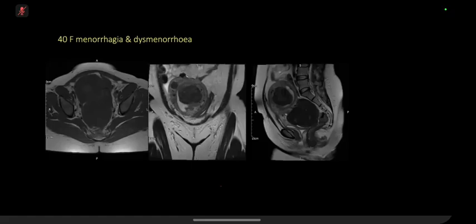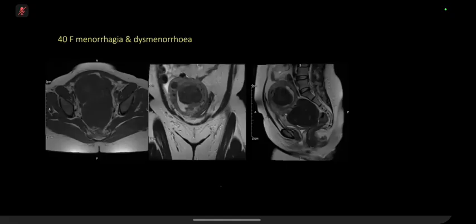I can also see fibroids within the uterine wall. In these limited sequences, I can't see any free fluid in the pelvis, and I can't see any pelvic lymph nodes. I think findings will be in keeping with large fibroids.